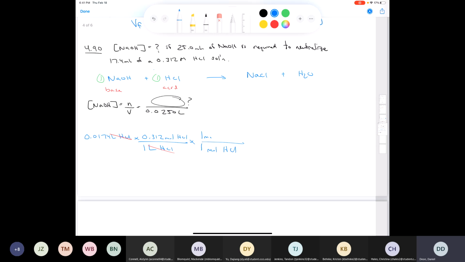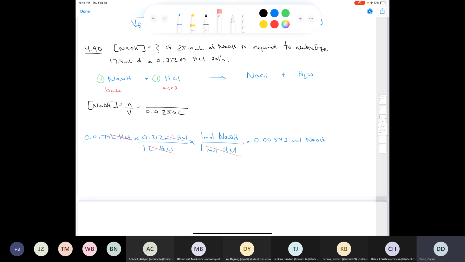So 1 mole of sodium hydroxide. Now you might be saying, Mr. Dion, I don't even need to put that conversion factor in there because I know it's 1:1. No problem at all. You don't have to include it if you don't want to. I just want you to get the right answer. All right, so we end up with 0.00543 moles of sodium hydroxide. And now I can plug this number into my numerator right there. Let's do it.